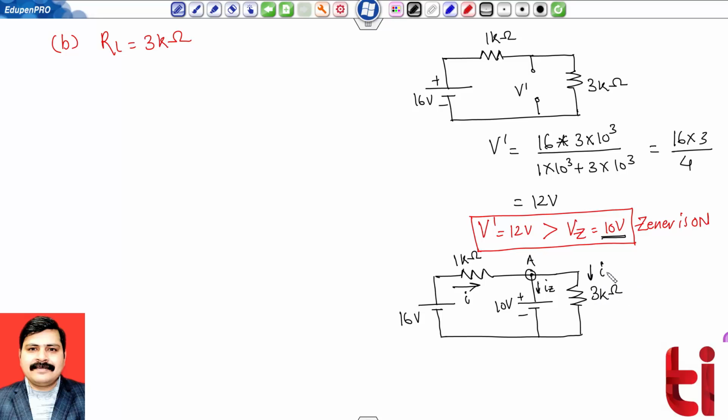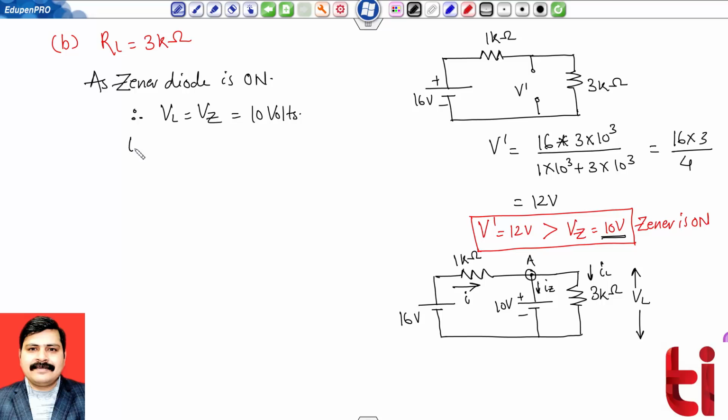Current flowing here is IL and voltage over here is VL. So the outcome is, as Zener diode is on, therefore VL will be equal to VZ, and now it is equal to 10 volts.